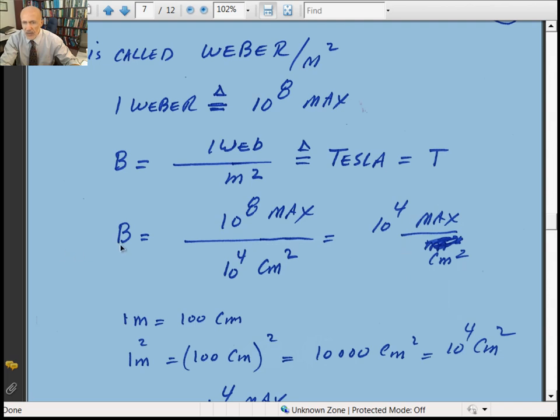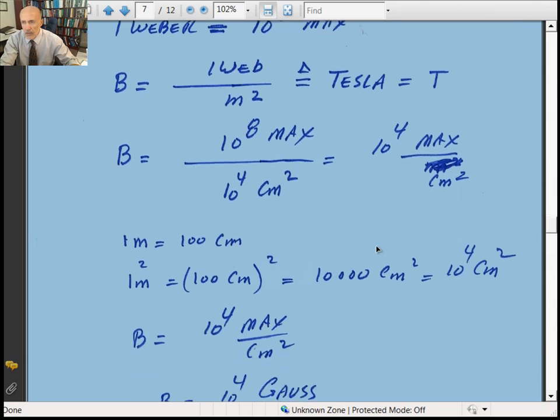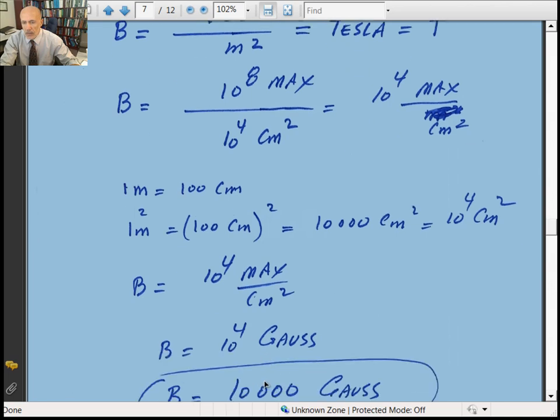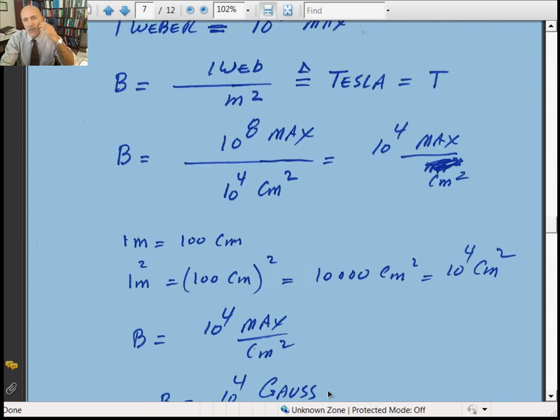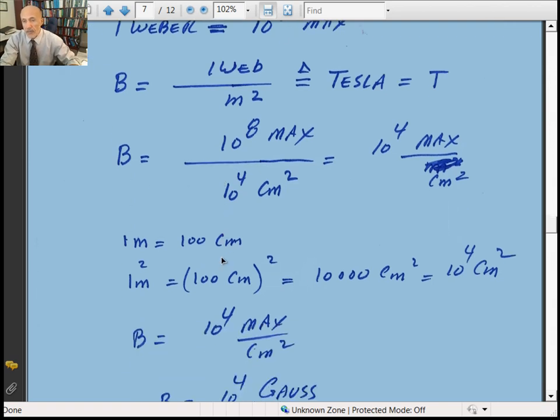So magnetic field density in Tesla is simply equal to 10,000 Gauss, or 10,000 Maxwells per square centimeter. So B in Tesla is equal to 10,000 Gauss, or just Tesla is Weber per square meter. Either one is the same definition.